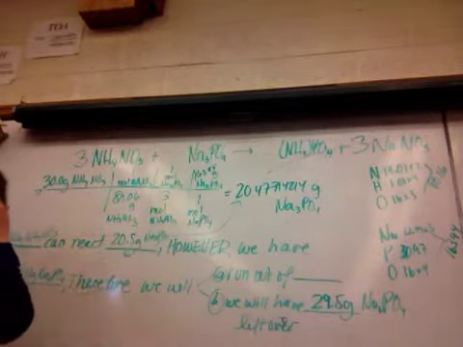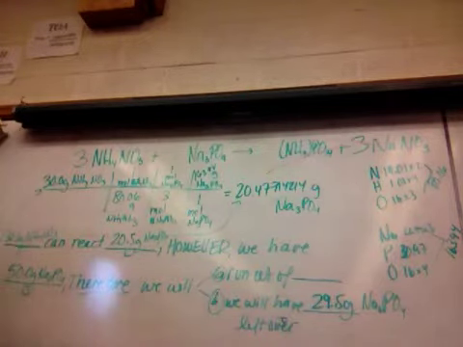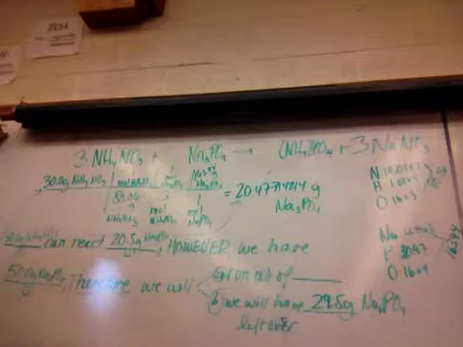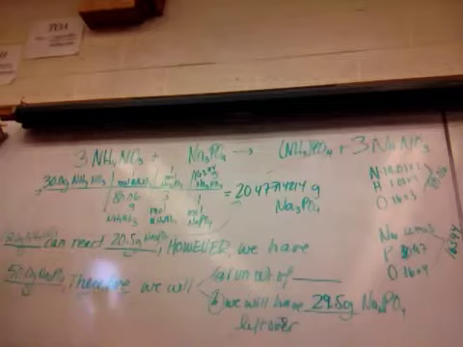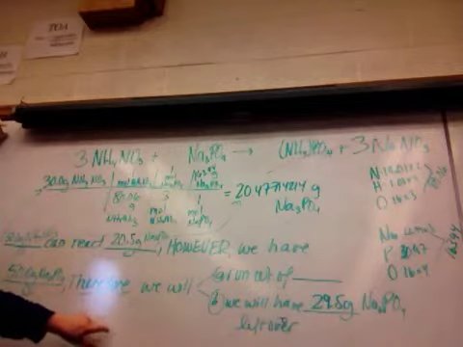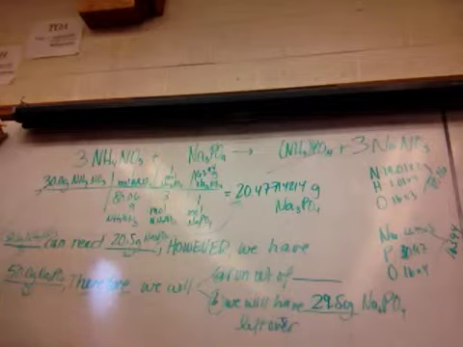Now, I'm going to say two more things. We got really lucky here. We don't have to do a second factor label for this. Why not? Because it goes in grams and you end up with grams. We lucked out and we did the one that gave us an answer in the excess first.